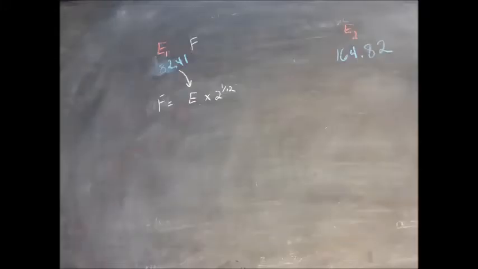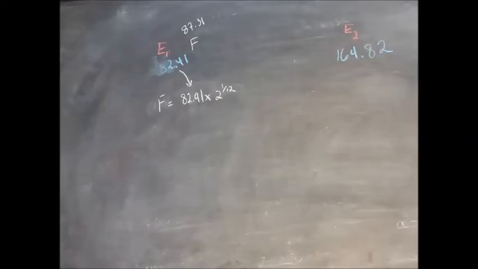Okay, so here's what we do. We take our first note, whatever its value is, and you multiply it by 2 to the 1/12th power. And that'll give us the frequency for the next note, which is an F. And that turns out to be 87.31 hertz.